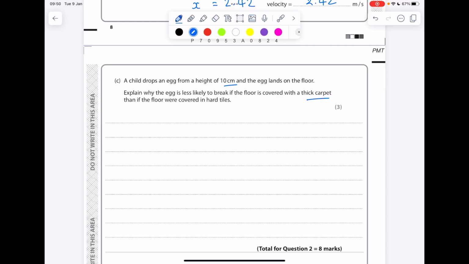What's going to happen if you have that thick carpet is that you increase the impact time. So according to this equation, force equals change in momentum over time.